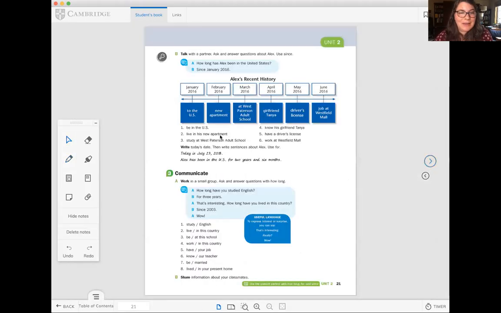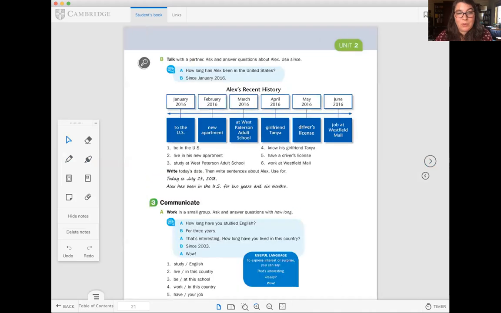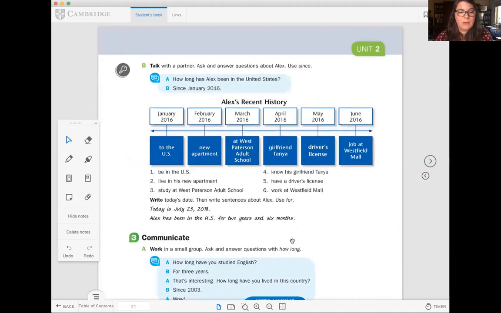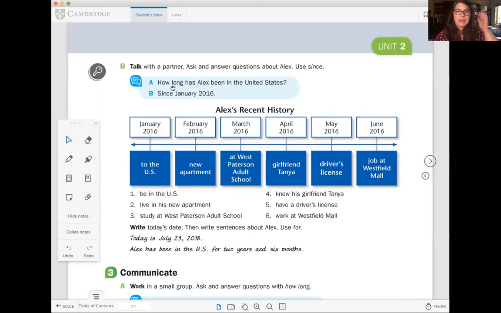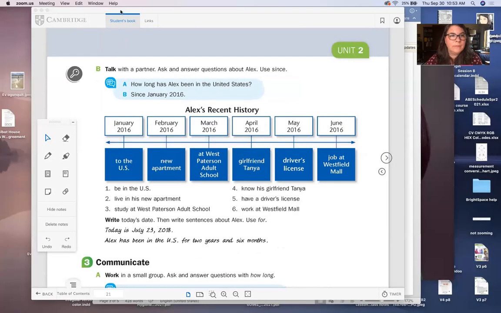Let's take a look at the next page up here. I'm going to do this with you or for you, just so you have some good examples. This is asking questions. How long has Alex been in the US since January? This is his whole history from January to June 2016 and different events, okay? So let me open up this whole desktop here.